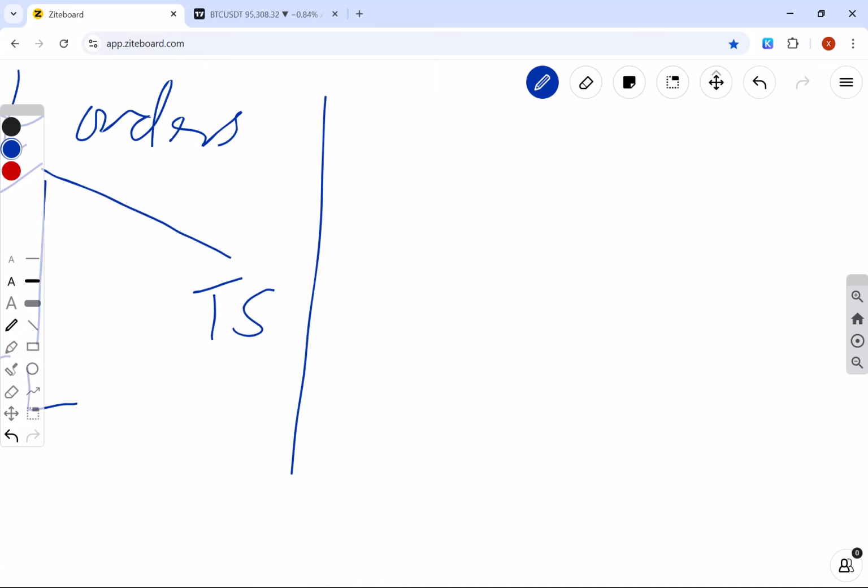When we take the take profit order, we are looking at an order that is set to automatically close a trade when a specific profit target is reached.